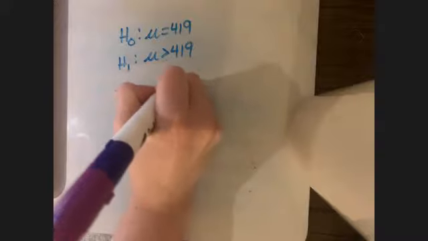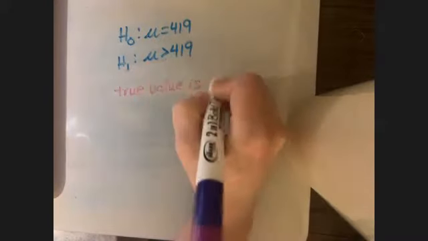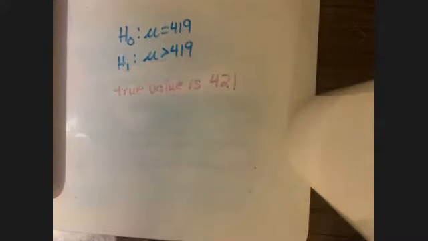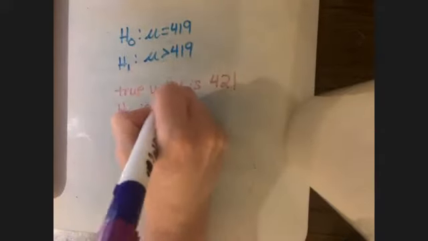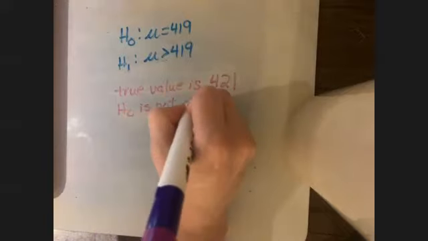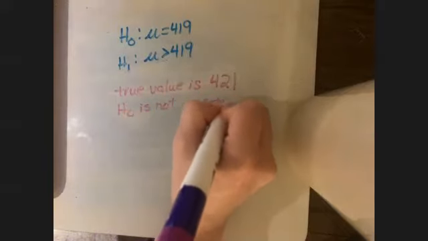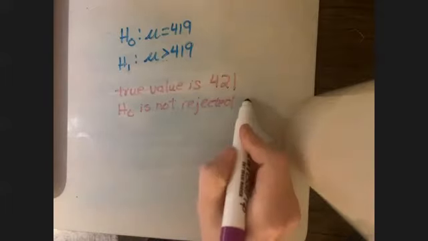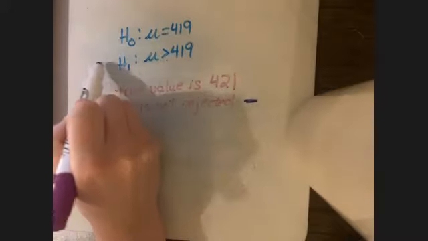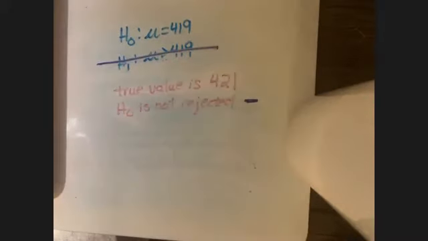True value is, let's say, 421. H naught is not rejected. Okay, so if H naught is not rejected, means I'm going to clear this out.